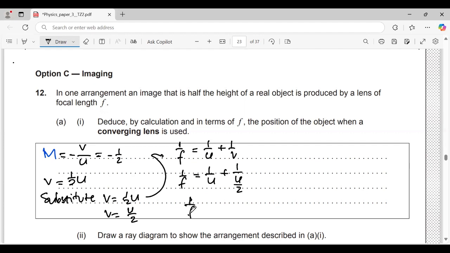And it becomes 1 over f equals 1 over u plus 2 over u.